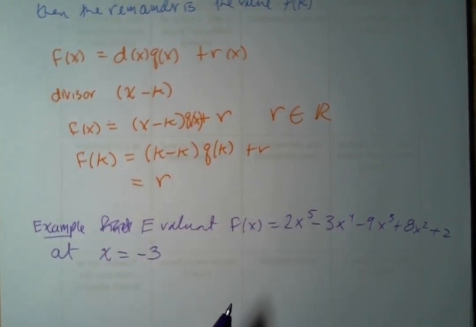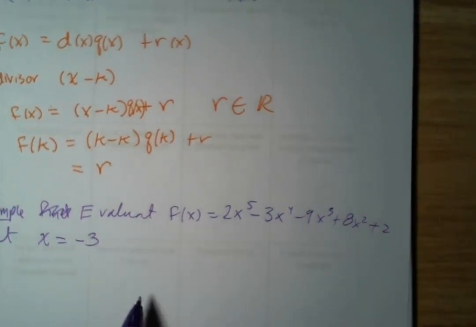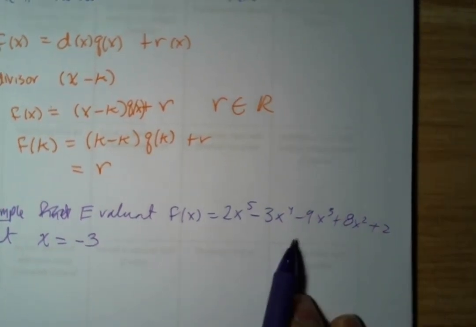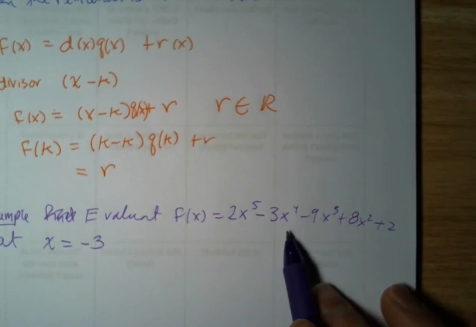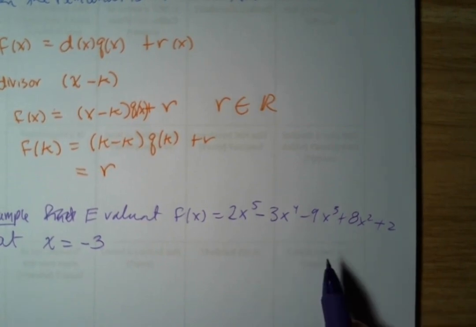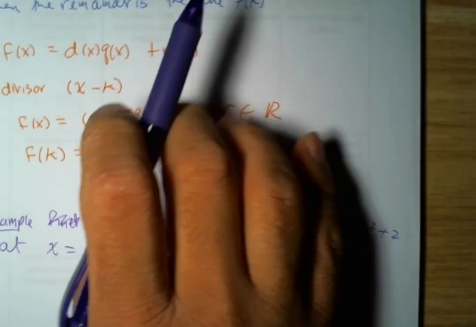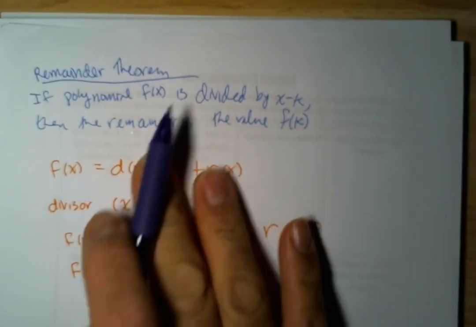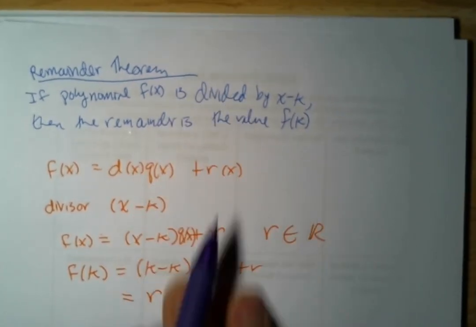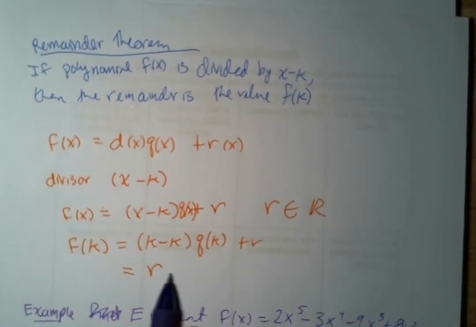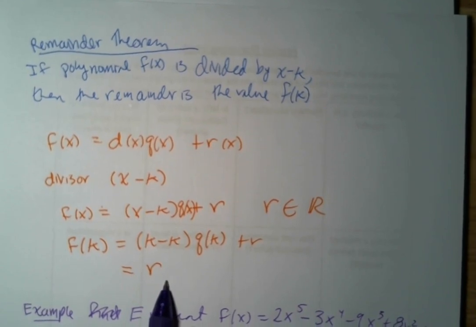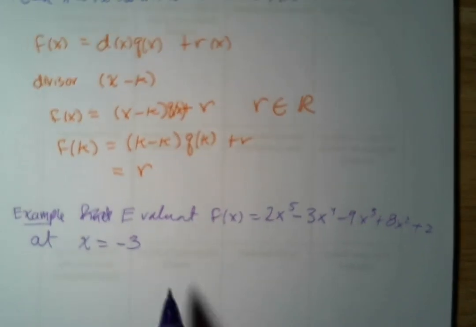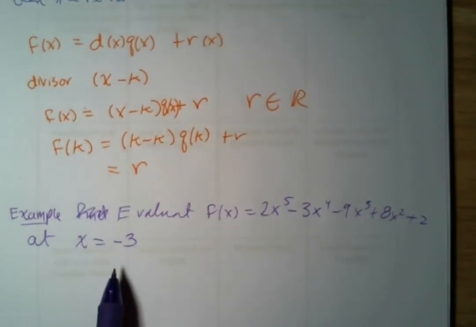Before, we would take negative 3 and plug it in wherever we see an x, raise it to the 5th, raise it to the 4th power, and do all these algebraic operations. But the remainder theorem allows me to do this by finding the remainder of the polynomial division.